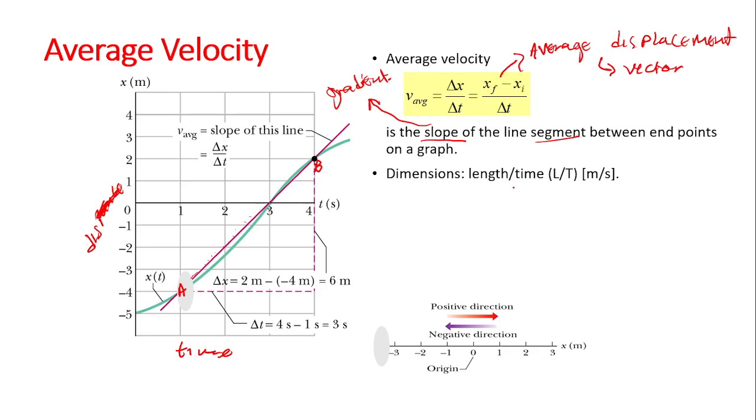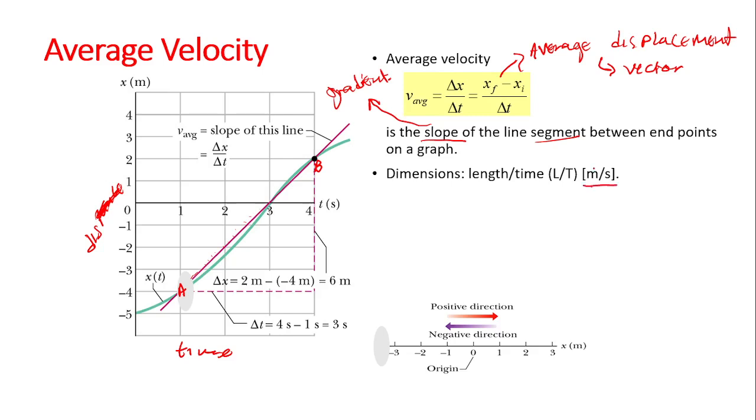With that being known, since this side is displacement and that side is time, you need to understand that the SI unit of average velocity is the same as that of speed, just that these ones have direction and they are vectors. So the SI unit is meters per second.